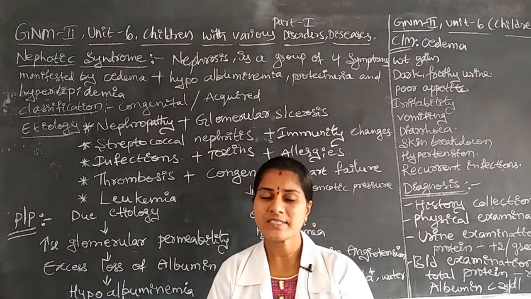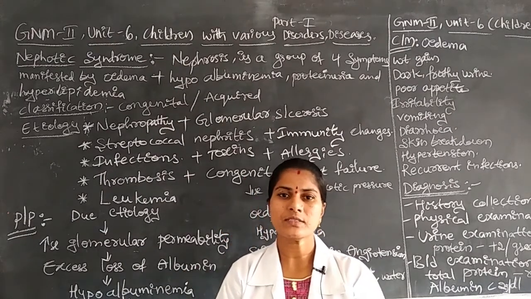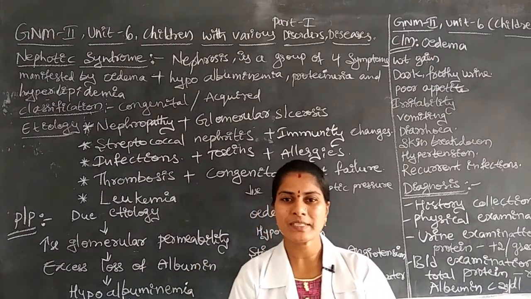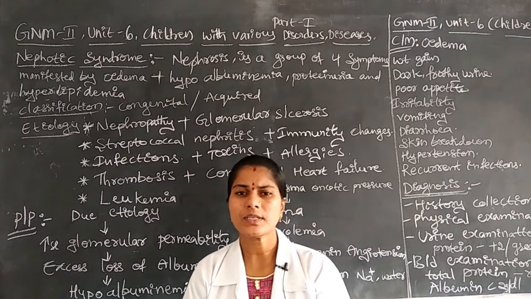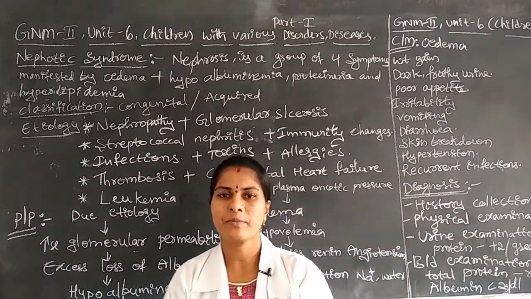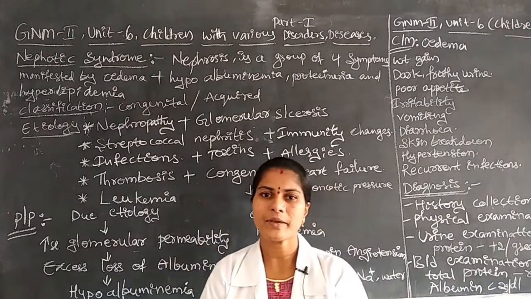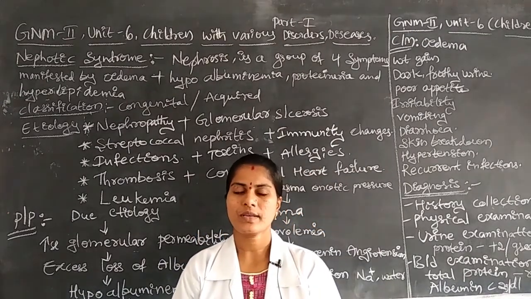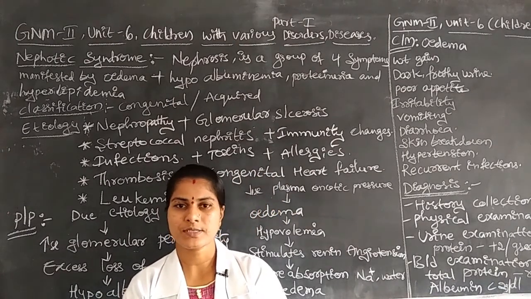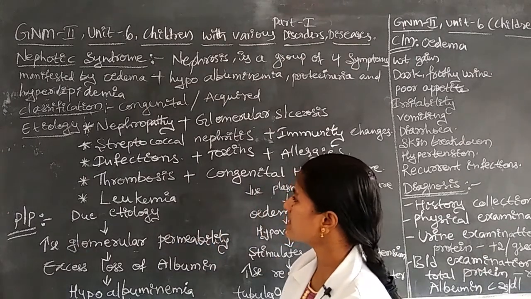Sometimes the number of antigens increases and the antibodies are fewer, so they do not participate well in the fighting. Due to that, the child may show symptoms like edema formation, hyperlipidemia, hypoalbuminemia or proteinuria. These are the reasons for nephrotic syndrome.